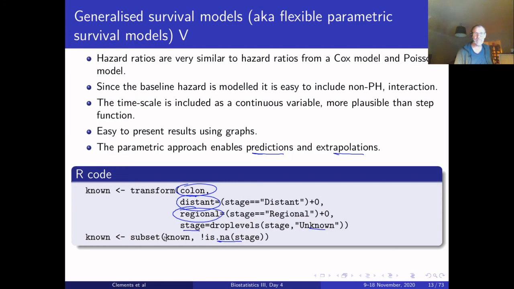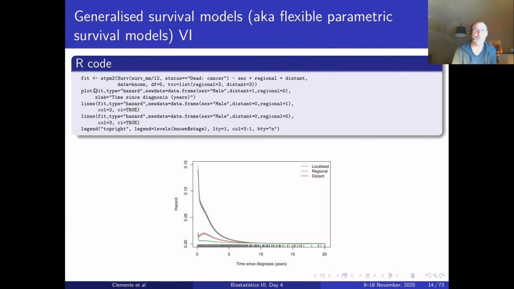That's just setting up some data, and then we fit stpm2 for sex and an indicator for regional and an indicator for distant, using the known data. We use 5 degrees of freedom, but we also allow for time-varying effects, 3 degrees of freedom for regional and 3 for distant.